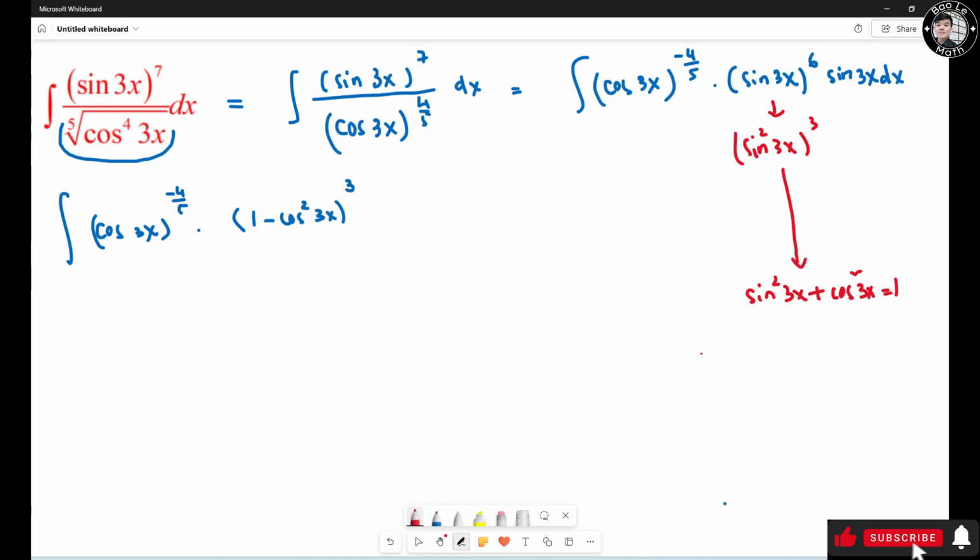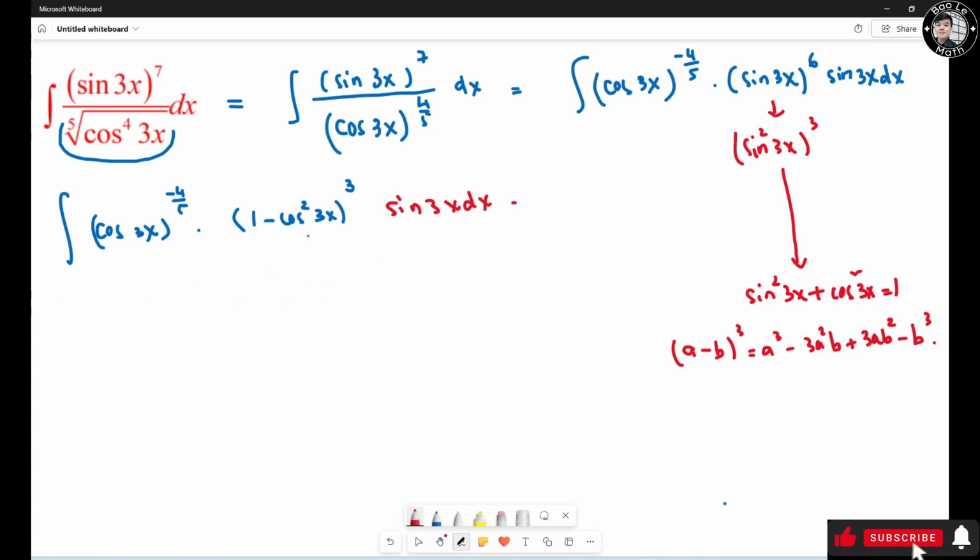Now, I have another formula, a minus b altogether cubed. It's going to be a cubed minus 3a squared b plus 3ab squared minus b cubed, right? So I will write this one, sine of 3s ds.